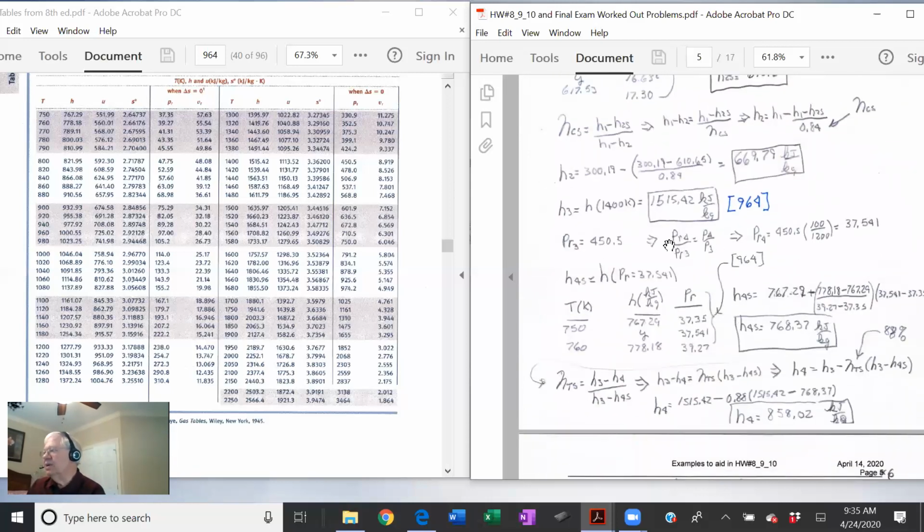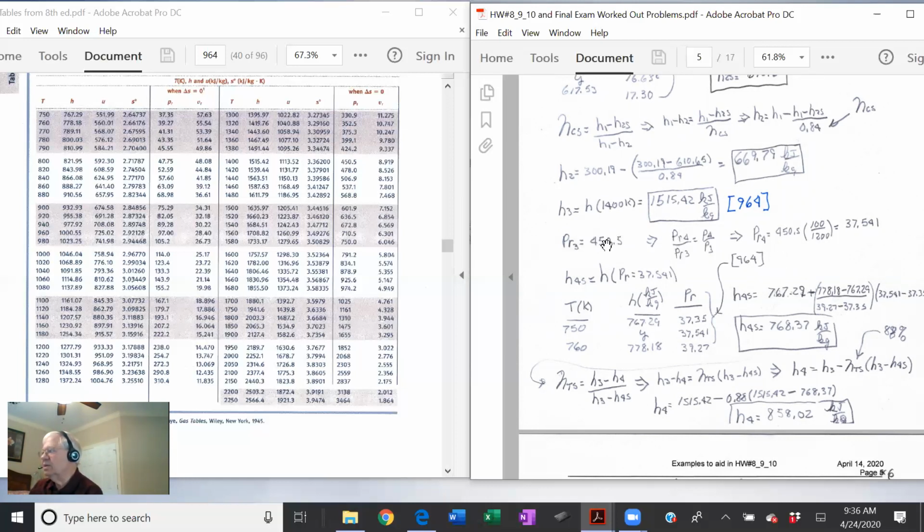So here's H3. Now I use the pressure ratios again. The pressure ratio at H3 is 450.5. PR3. Okay. Here's 1400 degrees K. Here's the pressure ratio, 450.5. So I use this simple relationship that PR4 over PR3 is equal to P4 over P3.